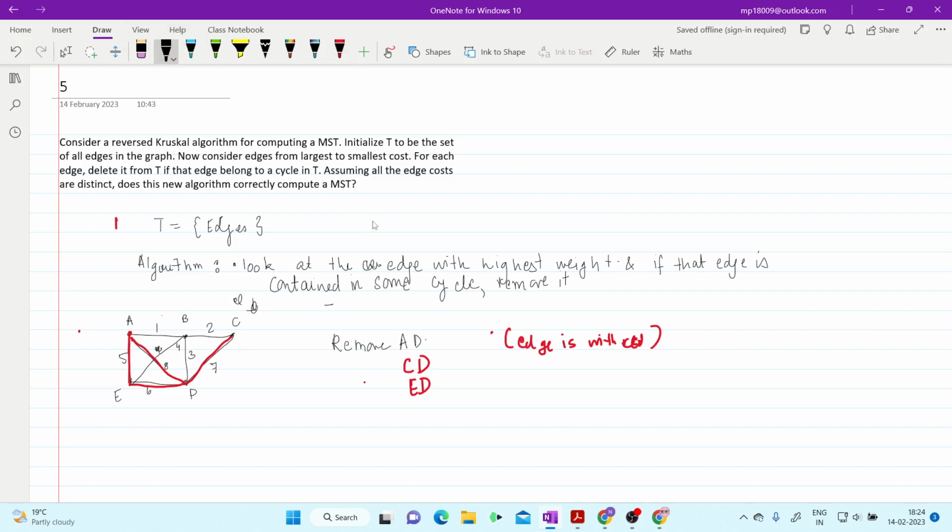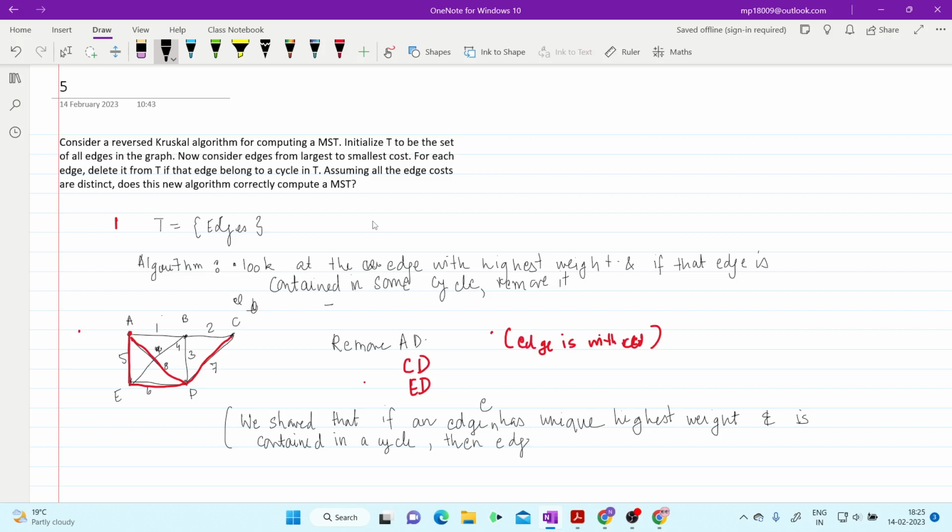We showed earlier today that if an edge has unique highest weight and is contained in a cycle, then that edge E can't be in any minimal spanning tree.